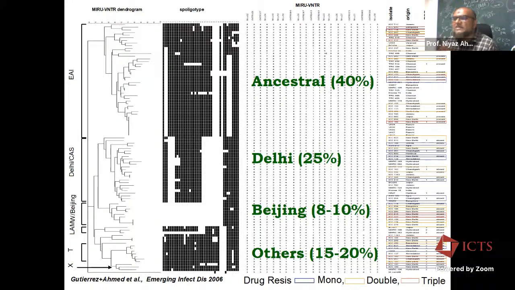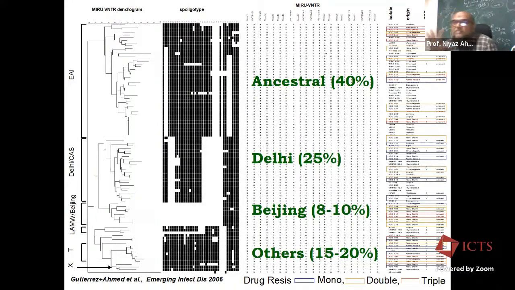So thereby the ancestral could be amenable or manageable as regards treatment, and the moderns could be refractory to treatment, if I put it that way. So this is the broadest scenario of the mycobacterial population circulating in India.